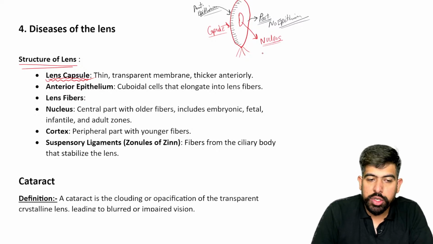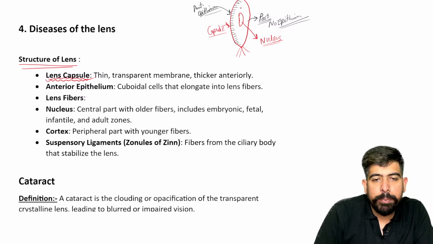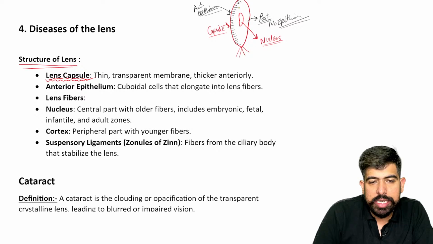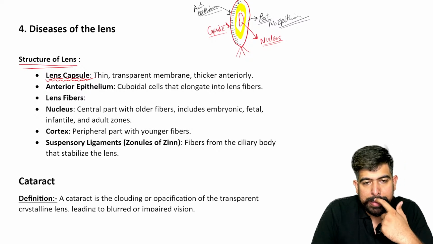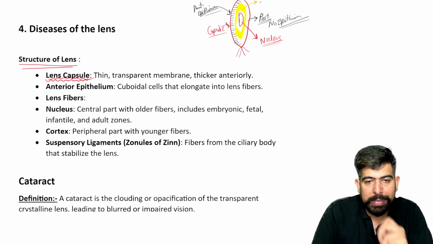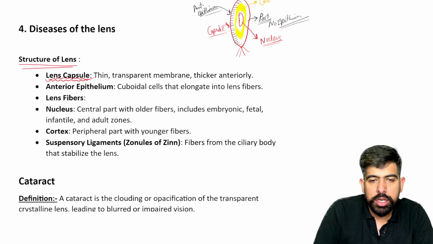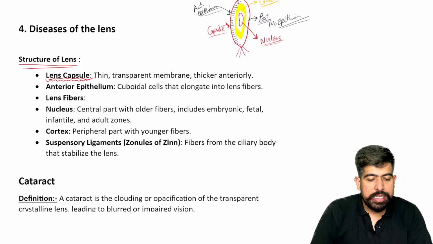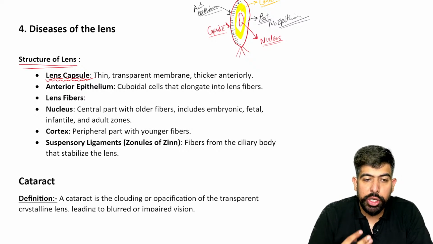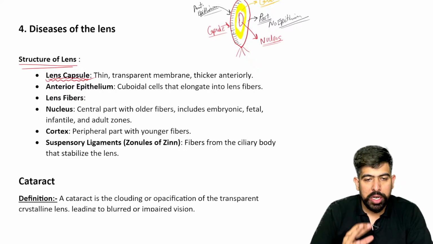The rest of the periphery, this yellow one, is the cortex. So inside the lens, we have the lens nucleus and the cortex.